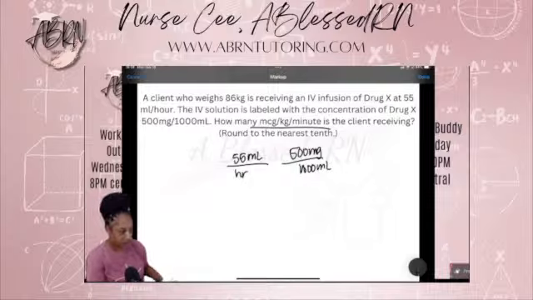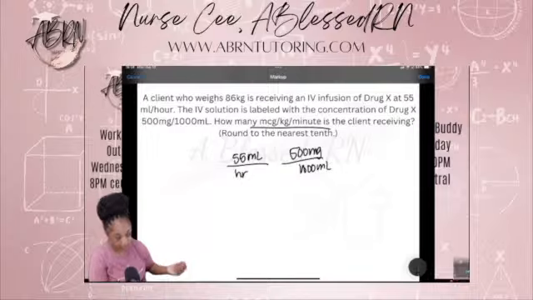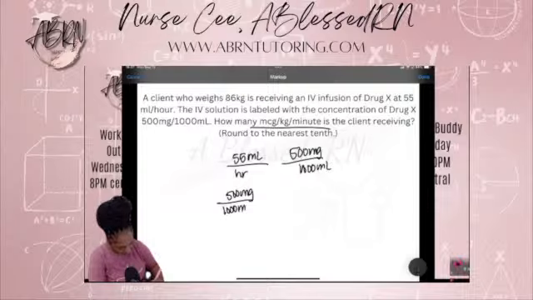We want to figure out how many milligrams that is, so you can set up a ratio: 500 milligrams over 1,000 mLs equals X, so we can figure out the milligrams, and we know that we've got 55 milliliters.